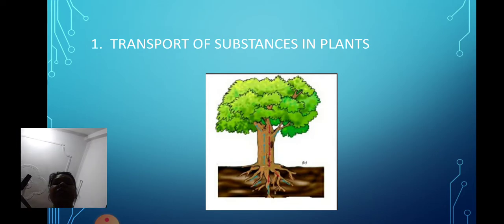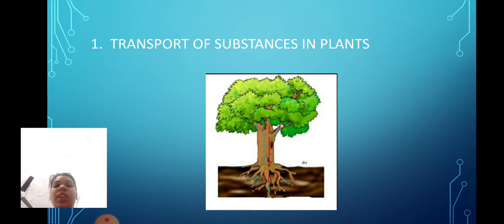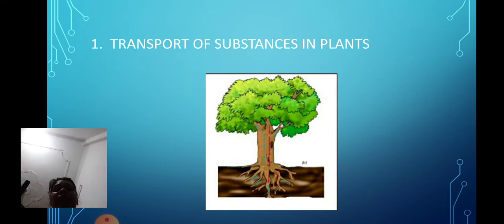The leaves use the water and minerals for synthesizing their food, which is then transported to all parts. Therefore, it is clear that plants also need a transport system for carrying water, minerals, and food through various parts of their body.